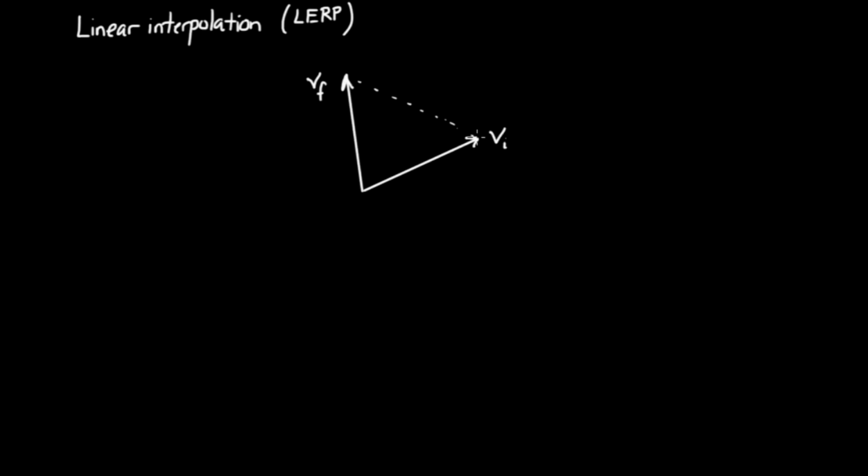Now, the vector going from the tip of vi to the tip of vf is simply vf minus vi. And hopefully you can see that. If I add vi to vf minus vi, I simply get vf.